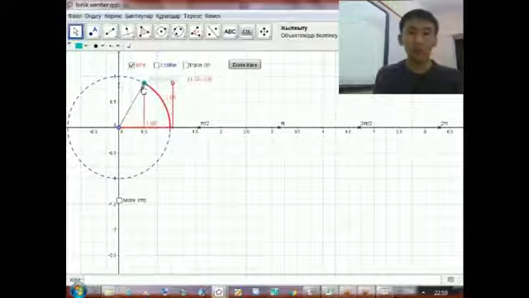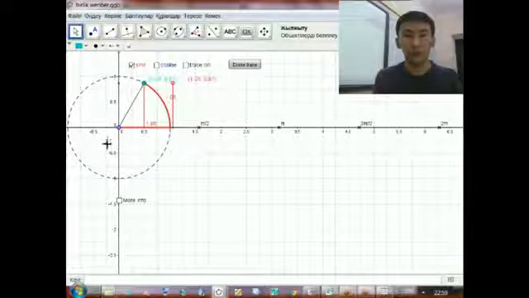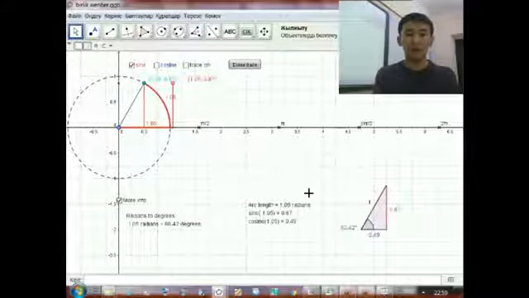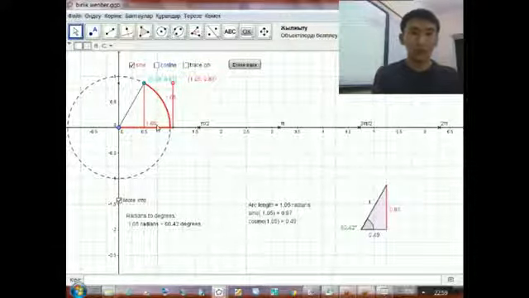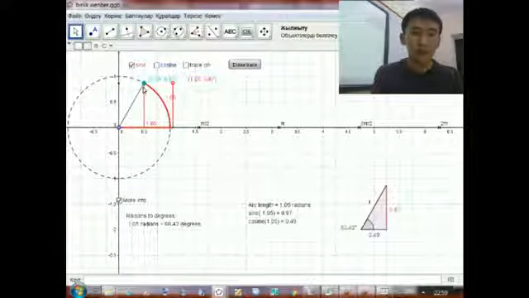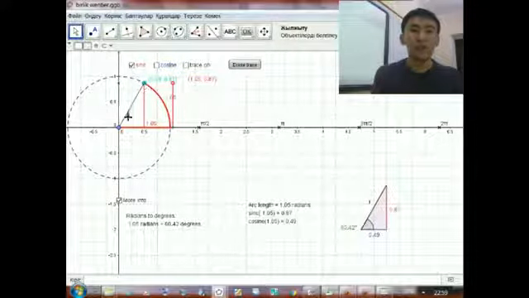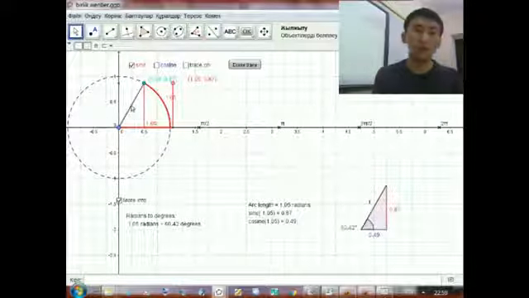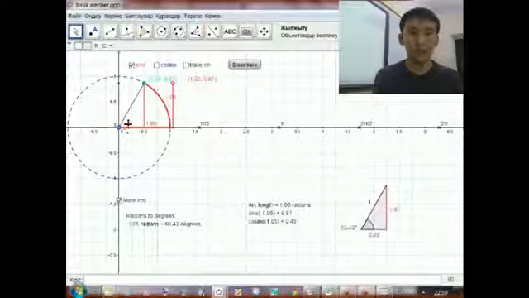If you remember, the unit circle is a circle with the radius 1. Sine is just the ratio of the opposite side of this angle over the hypotenuse of that triangle.